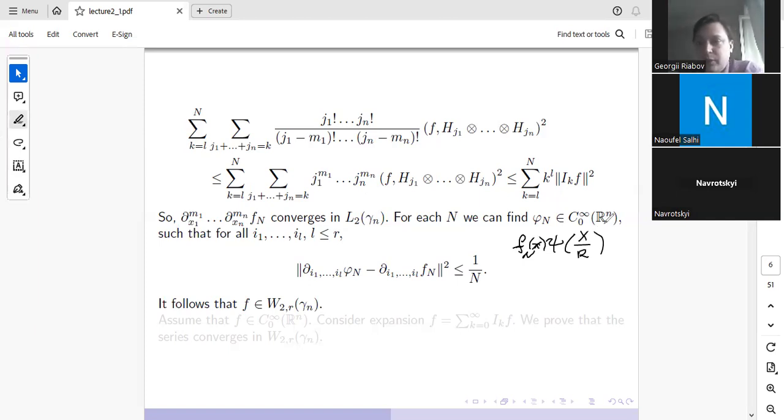So this is very similar to how we showed the correctness of the definition, that this will converge to Fn.